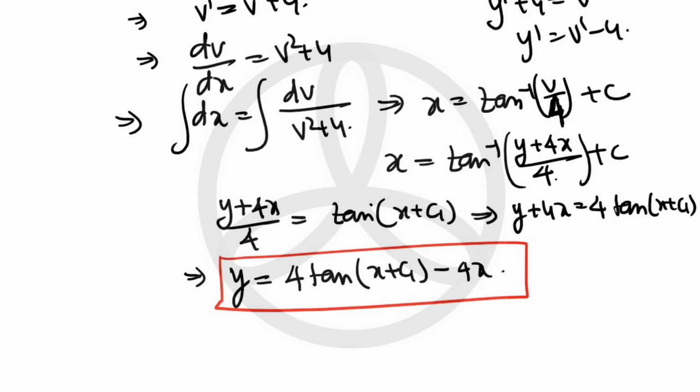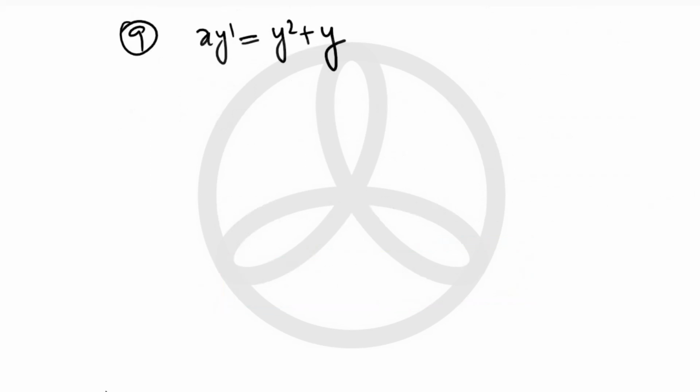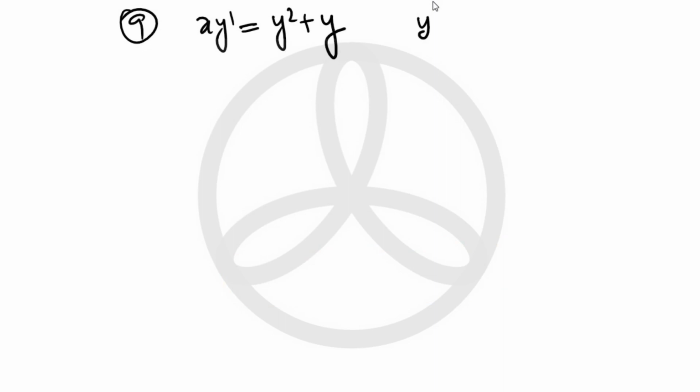So guys, let us move to the next question. Next question is the 9th question as per this list, and we come to the 9th question now. Let us assume in this case also y/x is equal to u, and we can write y is equal to ux and differentiate this with respect to x.